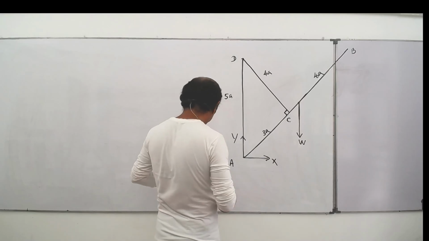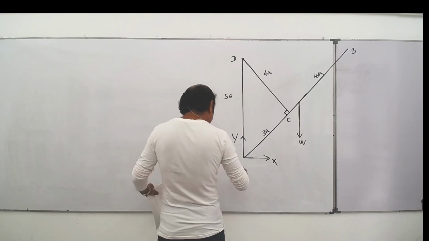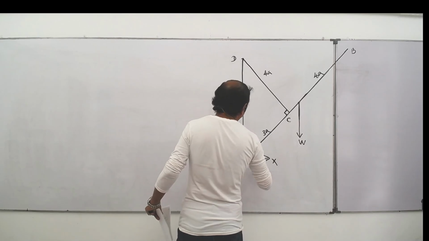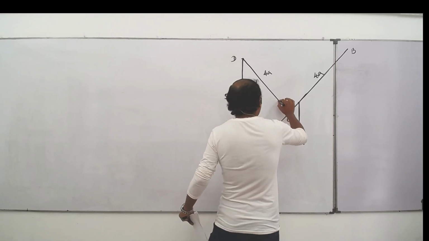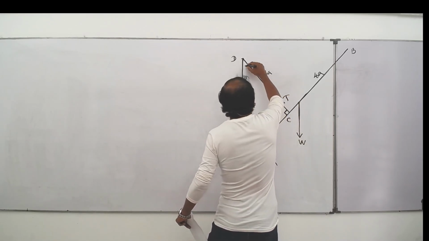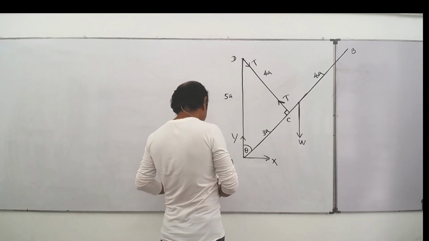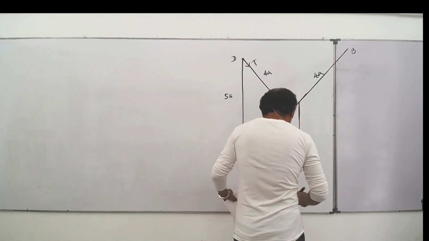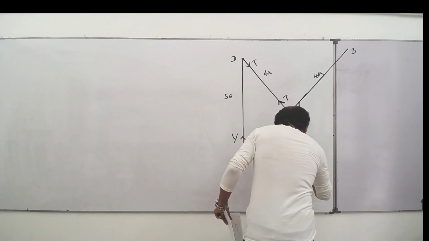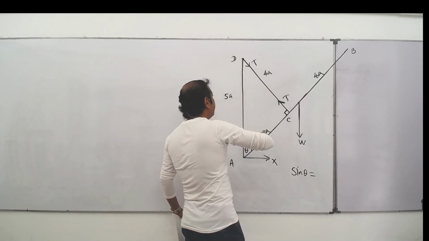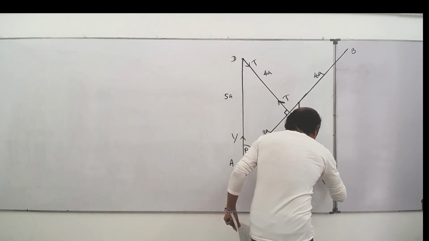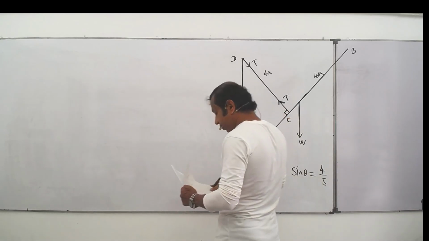If I take this angle to be theta, sin, cos, tan you can write. The tension acts like this, T. Sin theta we can write as opposite side divided by the hypotenuse, 4A divided by 5A, which means 4 over 5.